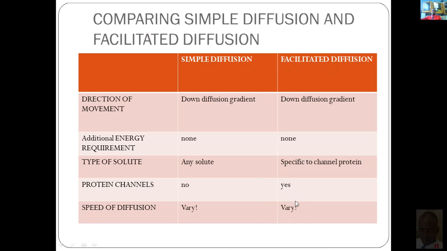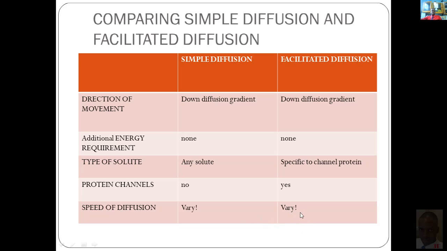However, with facilitated diffusion, because the channel through which the molecule moves is specific to a particular ion, particle or molecule, the diffusion will be specific to that molecule the protein is specific to. Channel proteins and carrier proteins are not used in simple diffusion, but they are present for facilitated diffusion.